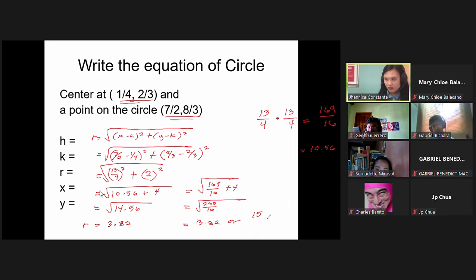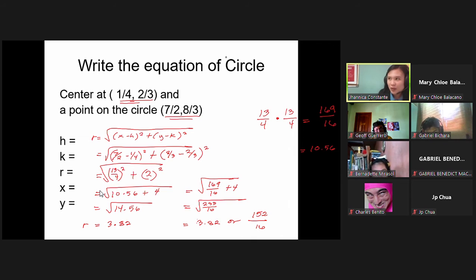So that is our radius for the center 1/4 and 2/3, and a point on the circle, which is 7 over 2 and 8 over 3.